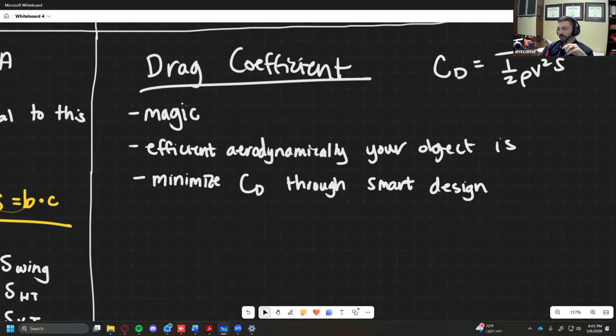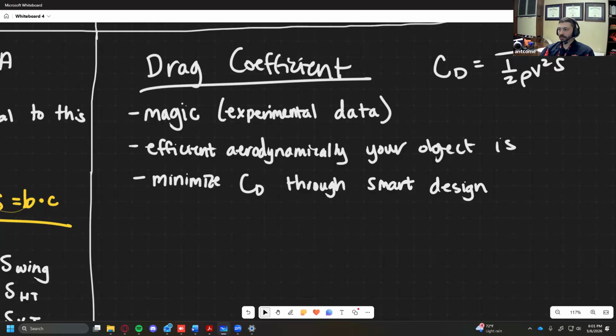So if you reduce the coefficient of drag, this is probably one of the most effective ways that you're going to improve this. Can you label magic as experimental data? Sure. There you go. Experimental data. Okay. Yep, not a problem.